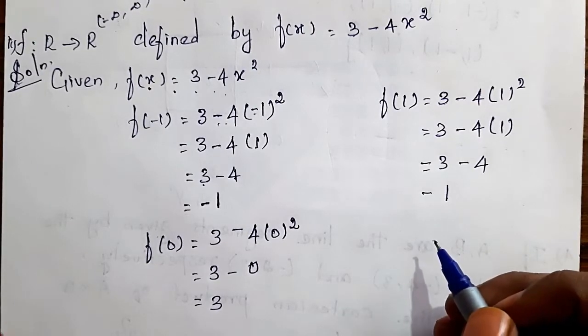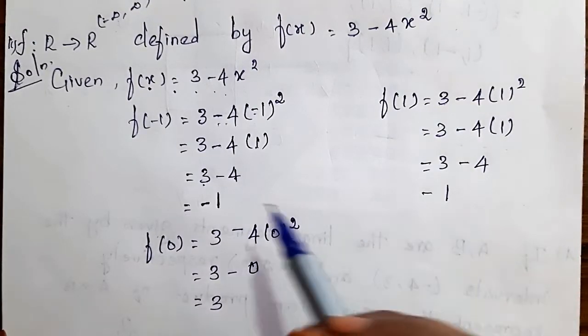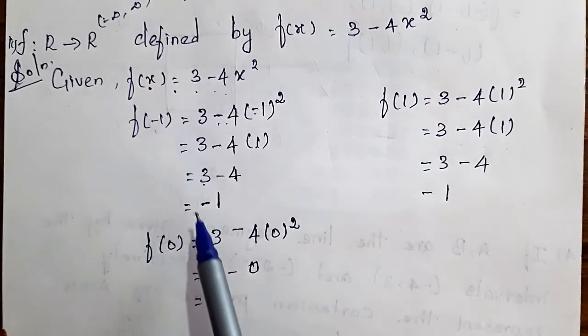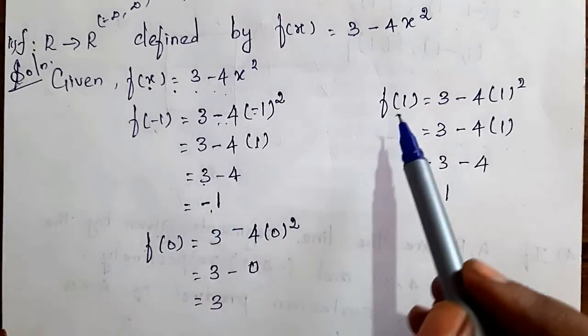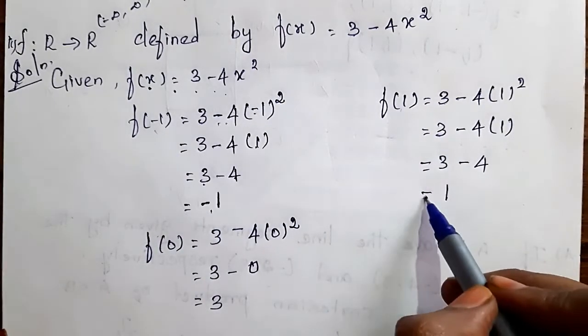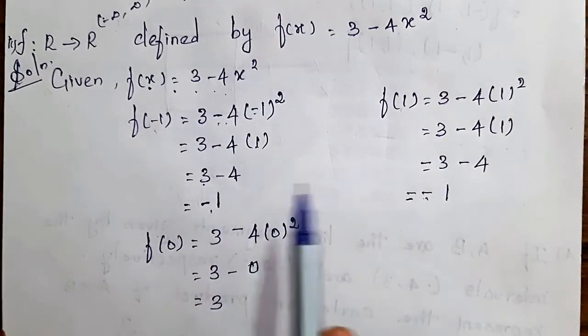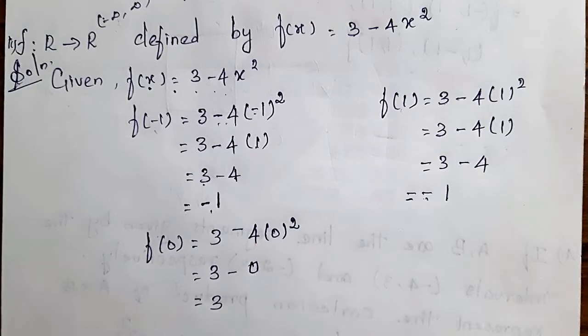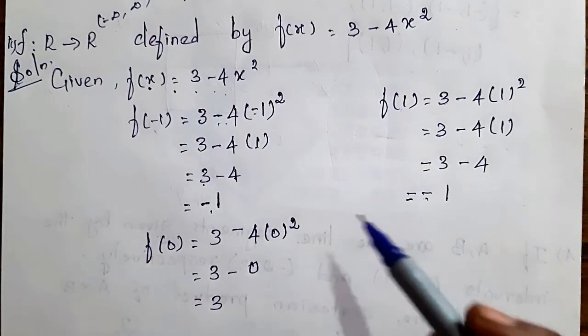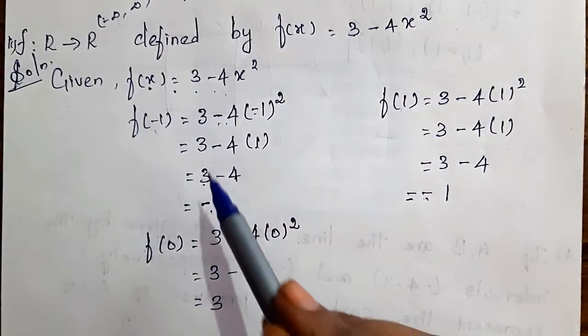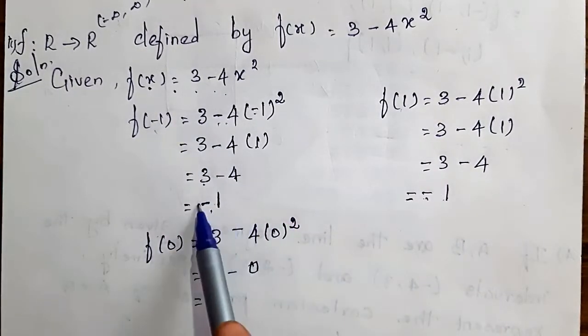We can stop the process here because look, minus 1 has the image minus 1, also 1 has the image minus 1. Both have the same image. One-to-one function definition is different elements in the domain have different images, but here different elements in the domain have the same image.